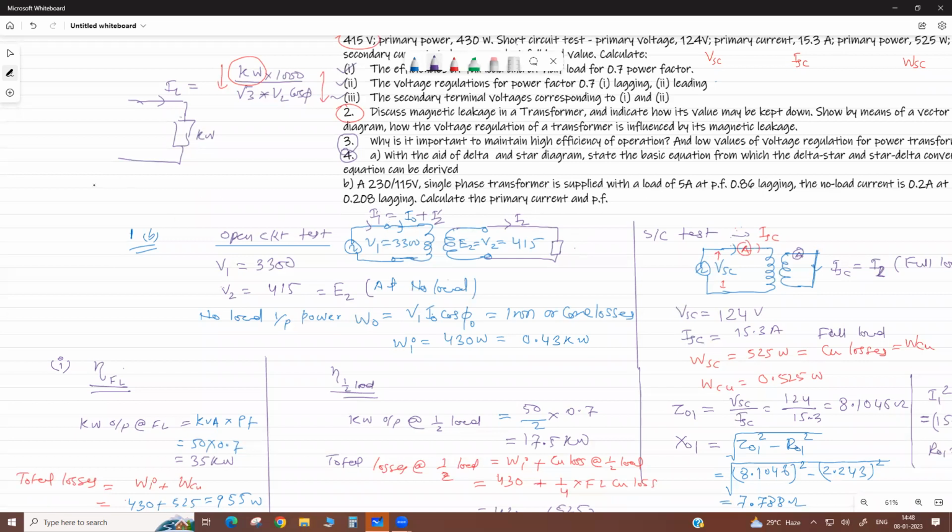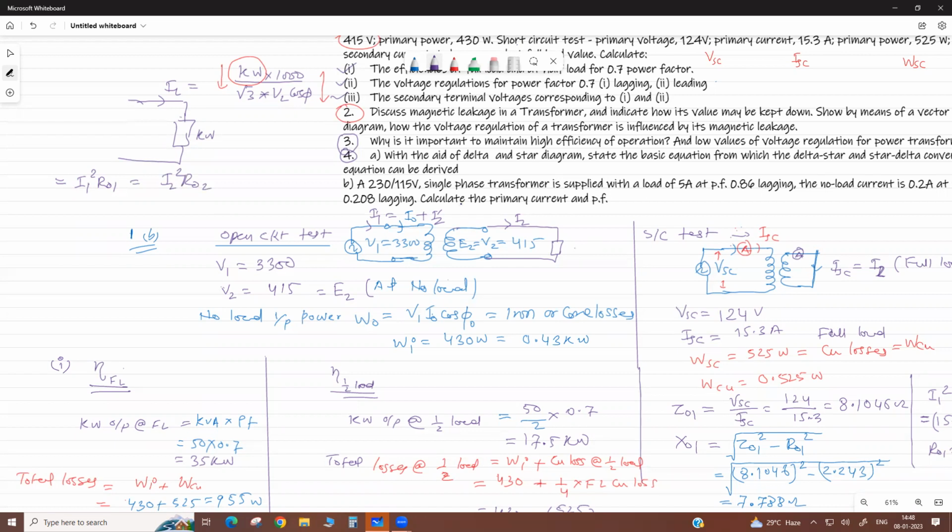If we calculate the copper loss, that is square times the total equivalent load resistance, or on the secondary side you take I2 square R02 as referred to the secondary side.